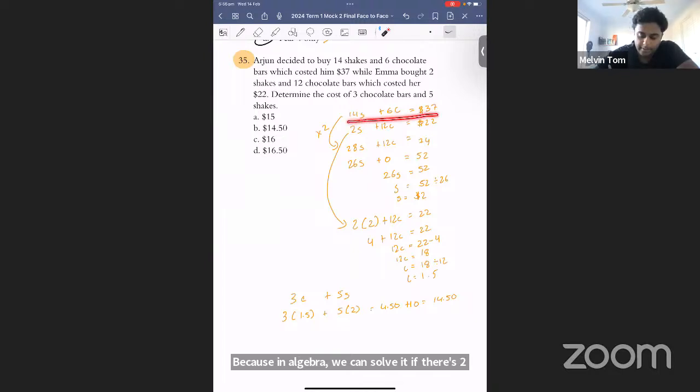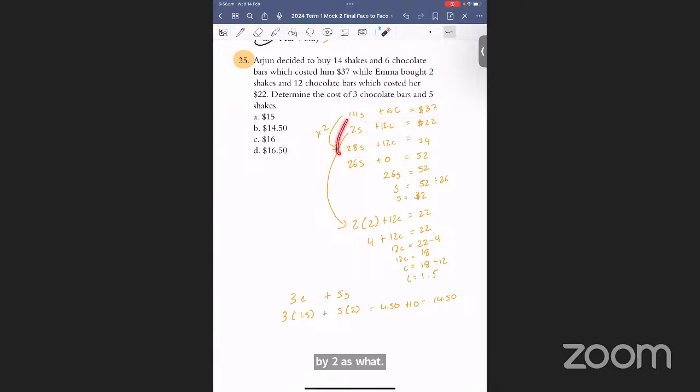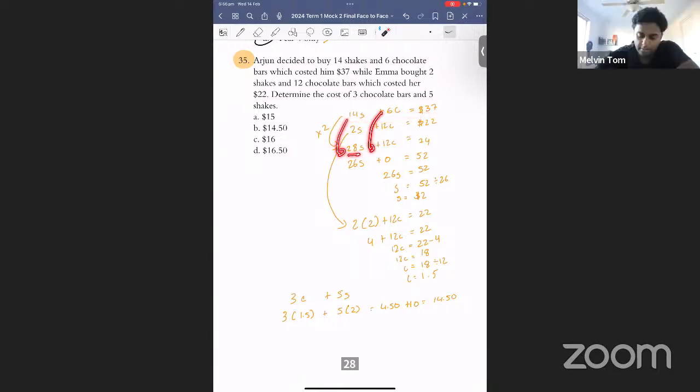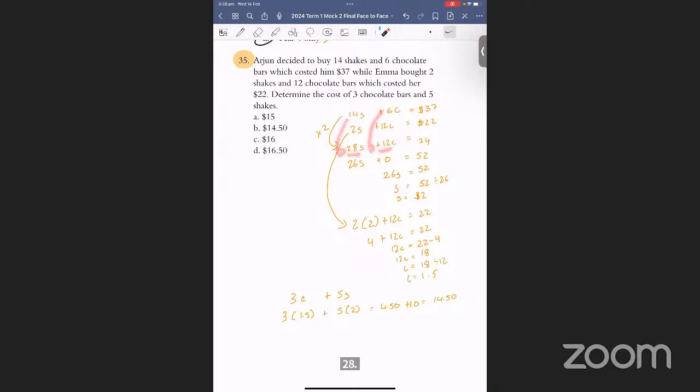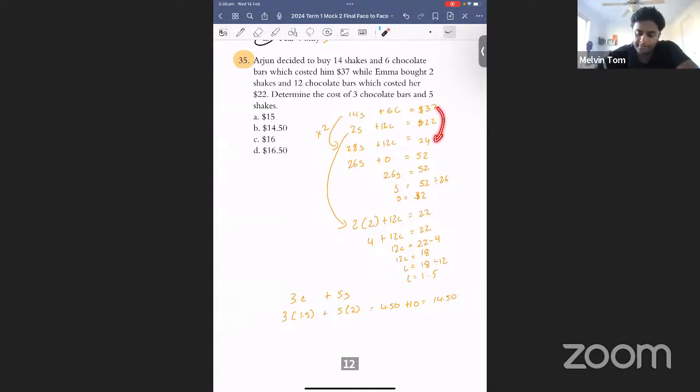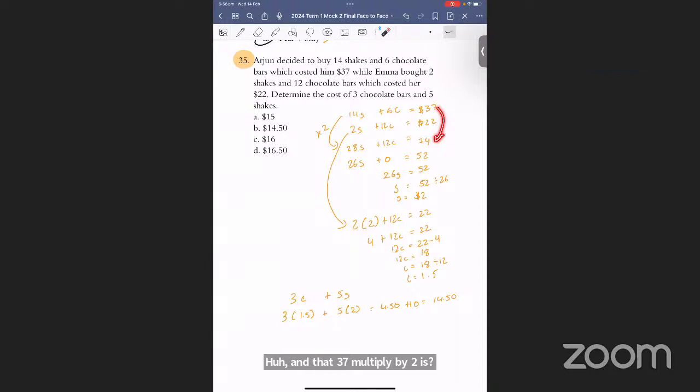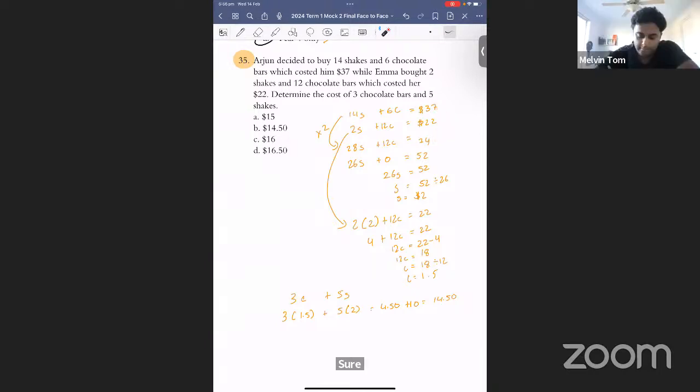So if I multiply the top equation by 2, 14s multiplied by 2 is 28. 6c multiplied by 2 is 12. And 37 multiplied by 2 is 74.